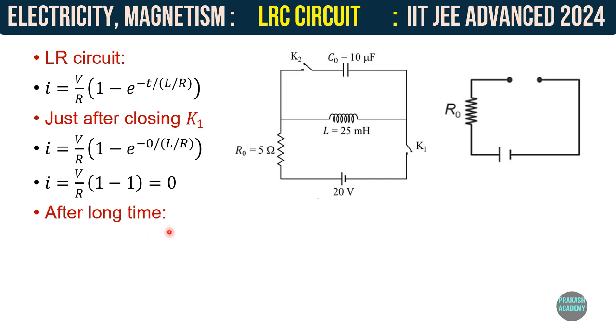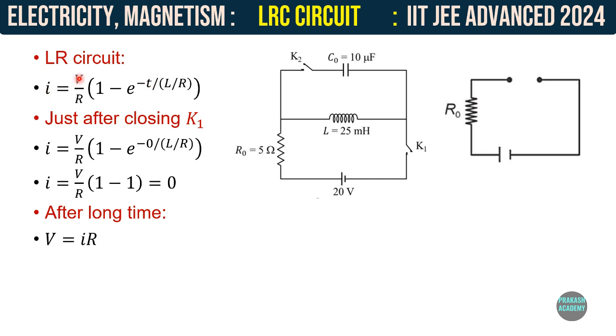Now, what will happen after a long time? After a long time, this means t goes to infinity. So, you can get the current using the same formula, only now you have to plug t equals infinity. If you put t equals infinity, this term will be 0, e raised to the power minus infinity is 0.